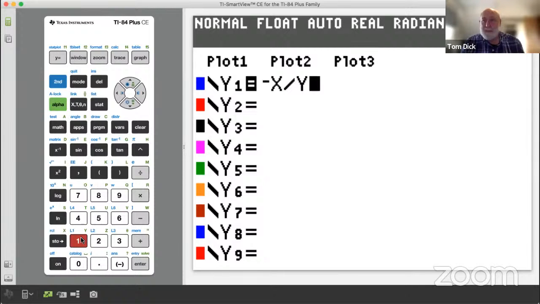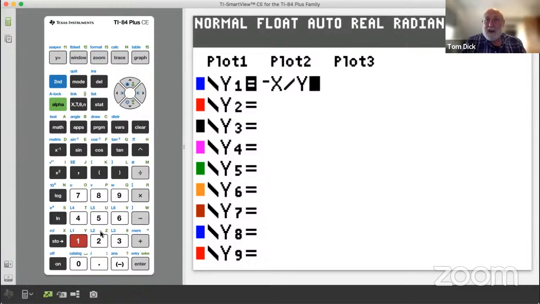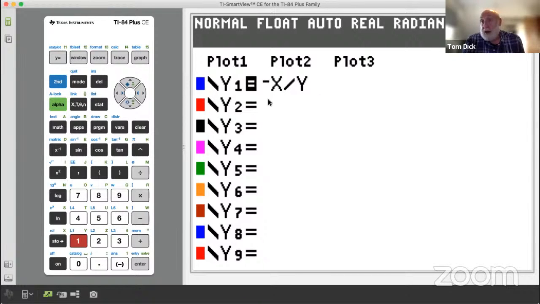That's going to look really peculiar to you because you never see y in the y equals menu. But keep in mind that this is just an expression. And y1, if I have any numerical value for x and y stored, will evaluate using both of those values, okay? So this is where we're storing our differential equation. So dy/dx is equal to negative x over y.